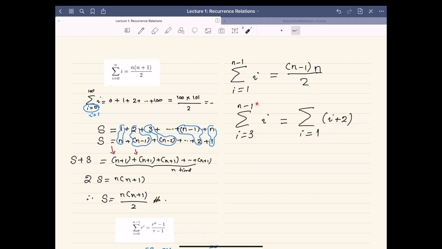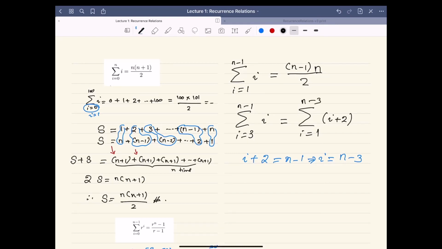Remember that the last value in this summation is n minus 1, and here you have I plus 2. So when I plus 2 is equal to the last value n minus 1, we take 2 to the other side, and I is equal to n minus 3. So the upper value here will be n minus 3.